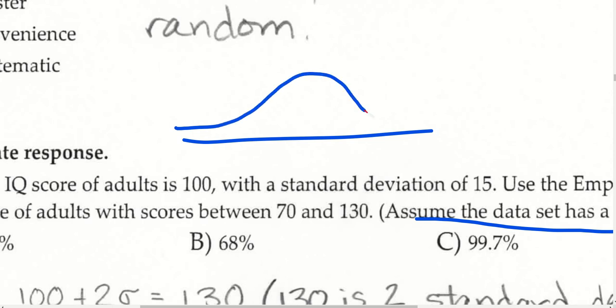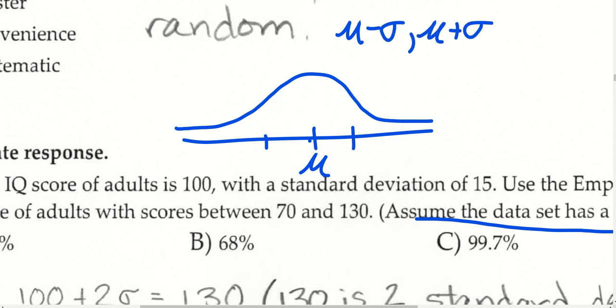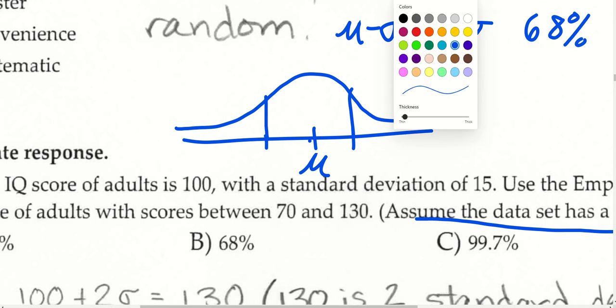Anytime you have a bell-shaped curve, the highest peak always corresponds to the mean. The empirical rule says that if you go one standard deviation to the left, that's the mean minus sigma, and one standard deviation to the right, so within a band that looks like this, then 68% of all of the data values should lie in that range.